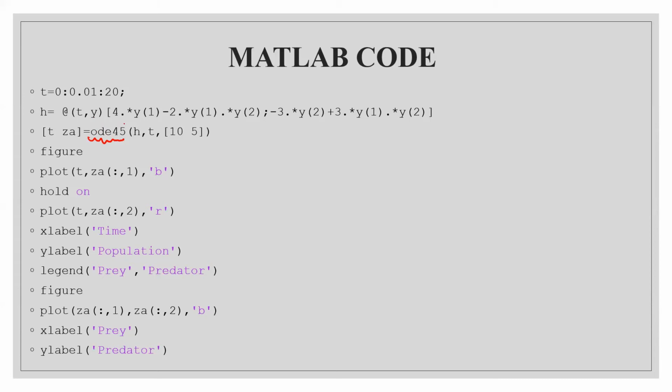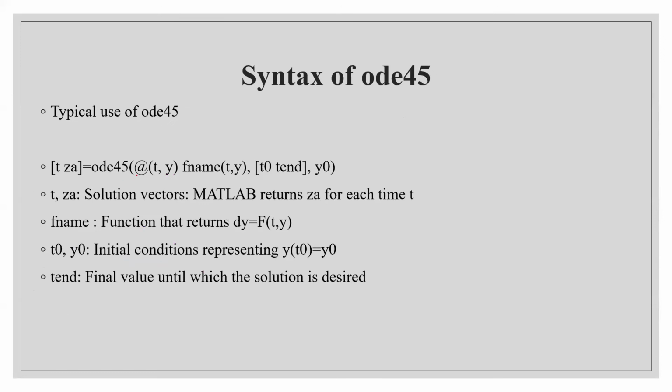Obviously this is an inbuilt function, so MATLAB will accept the input arguments in this way only. You cannot change the order, like putting y naught over here, because it is already defined in MATLAB. You have to give three input arguments to ODE45. The first one is the differential equation.